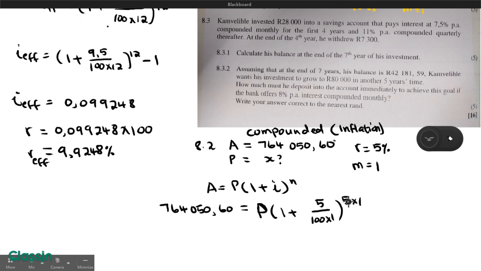Now, what is the meaning of this? It means that where we see N, we should always remember that N is equal to T multiplied by M, where T is the number of years and where M is the frequency in which the interest is earned per year.